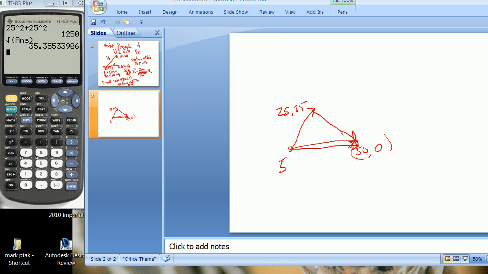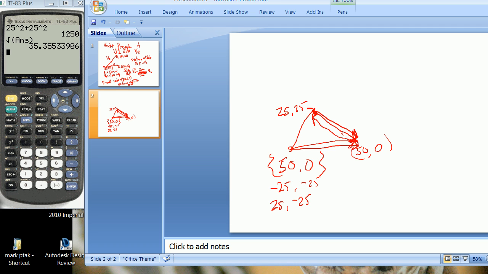So it is 50, 0 plus minus 25, minus 25, and we have that vector that essentially goes from here to there being equal to 25, minus 25. In fact, what that vector shows is this vector going from here to there.